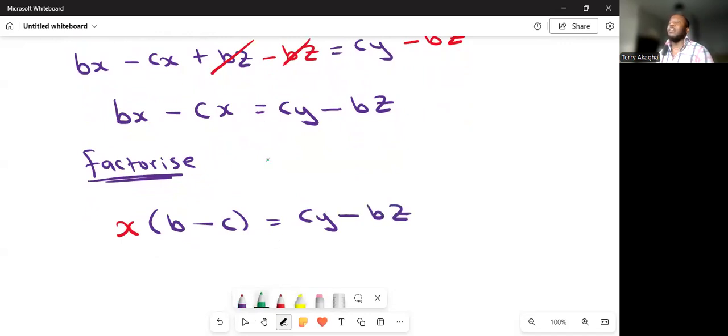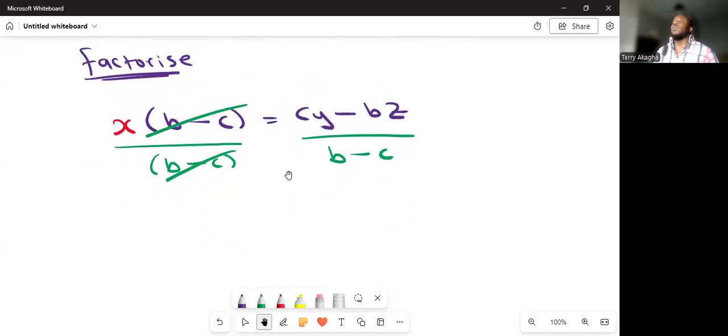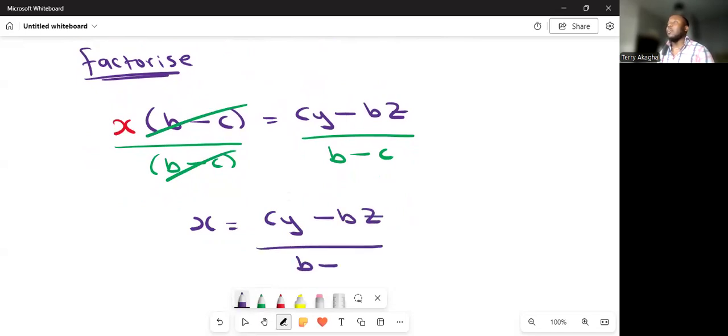Then, in order to get rid of the b minus c, we divide both sides by b minus c. Are you seeing it? So this will cancel that. Then x will now be equal to cy minus bz divided by b minus c. And that will be the answer for that.